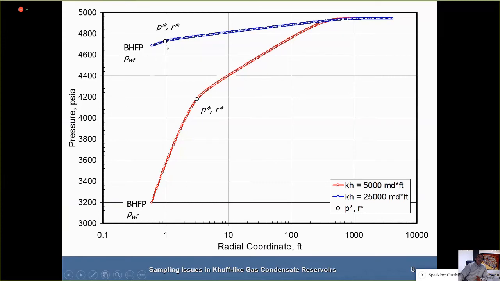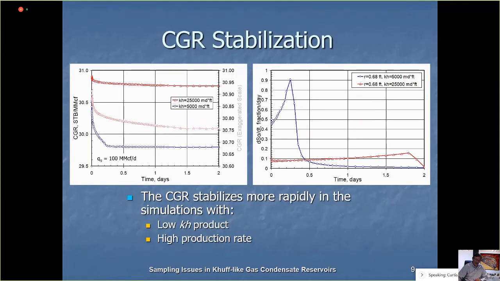At a higher pressure, you're getting fewer drops of liquid condensing out for every minute of production. Whereas here you've got a larger drawdown, so you're getting more condensate dropping out per minute. With more condensation, the stabilized saturation in region 1 builds up much more quickly, and that leads to this flattening out more quickly and remaining so.